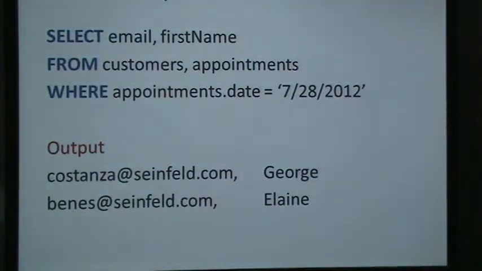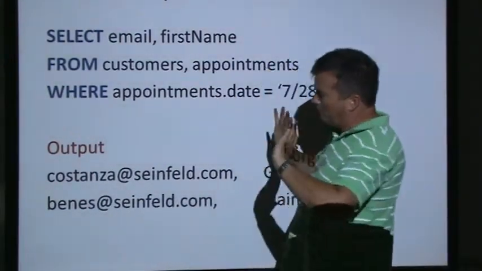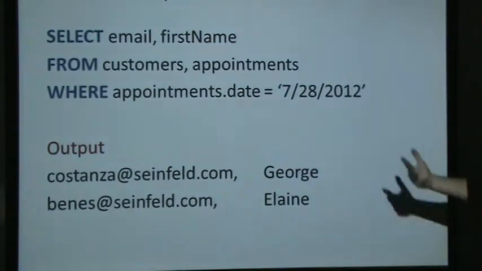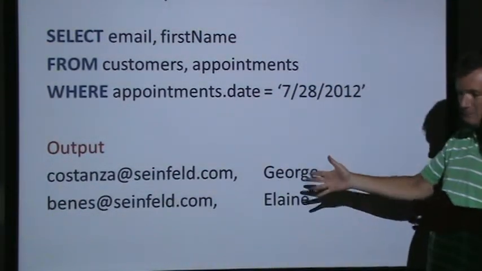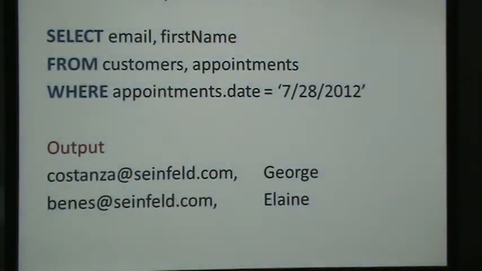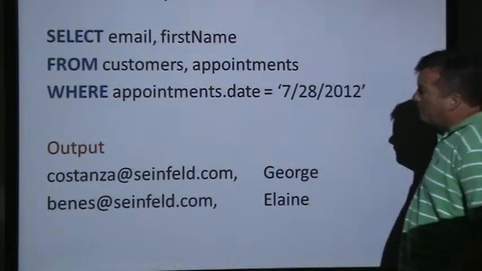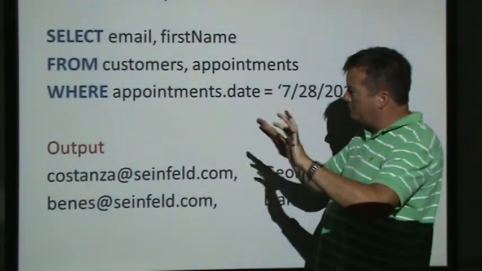And you can ask a database questions. Basically when you query a database, you're asking for a report. And the report comes out as kind of like a rectangular table, like an Excel spreadsheet. But the tables in your database, there could be many tables, and the tables could be related to each other.